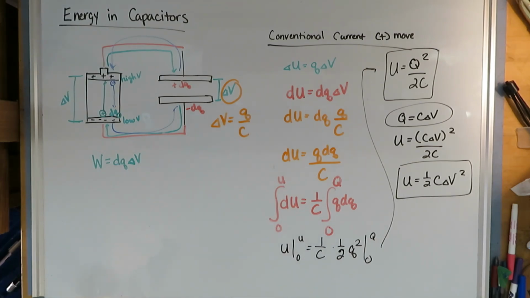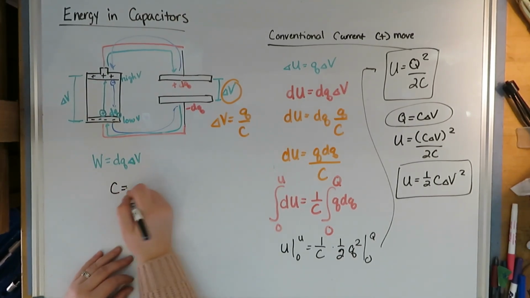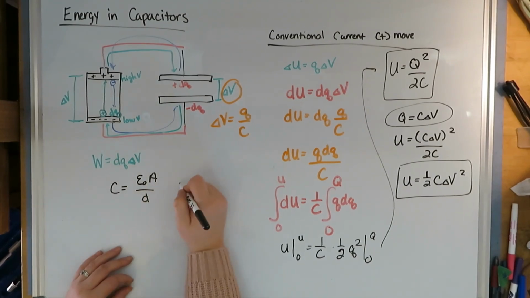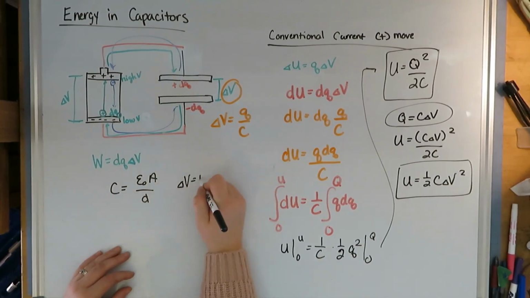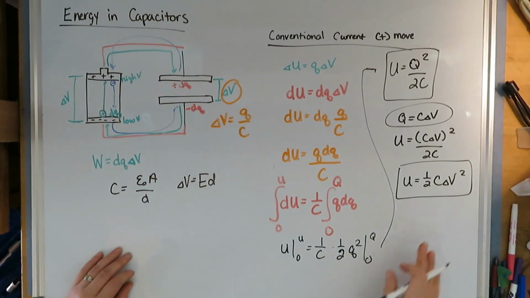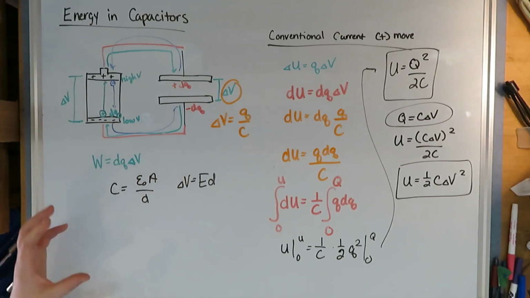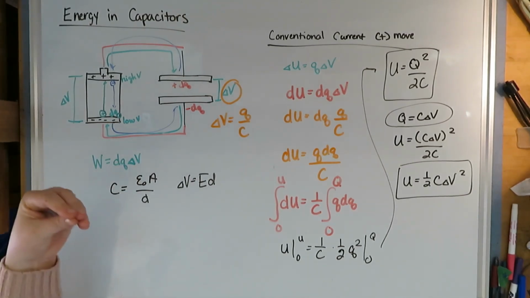So how does it store charge? Well, it basically stores charge within the actual electric field itself. So we can relate this charge that's being stored in the capacitor to the electric field. So knowing, for example, the capacitance for a parallel plate capacitor is epsilon naught A over d, knowing that the potential difference for a parallel plate capacitor is E times d, I can get my potential energy in terms of more the physical characteristics of my capacitor itself.